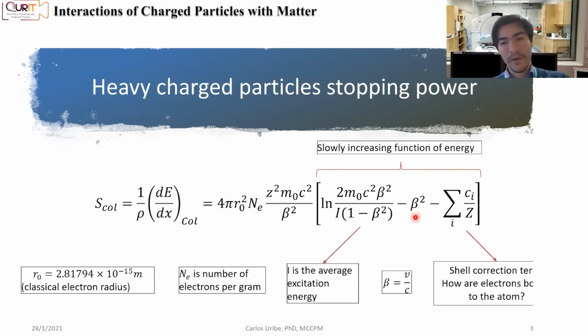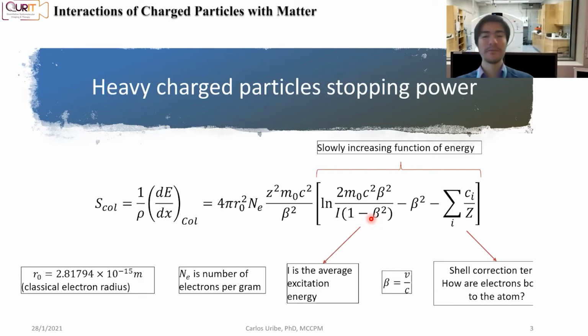We have particles that might travel at a very high speed, so all this comes from a derivation that involves relativity, for example. That's why we have a beta term that has to do with the ratio of the speed of that particle to the speed of light. Then we have many electrons there.